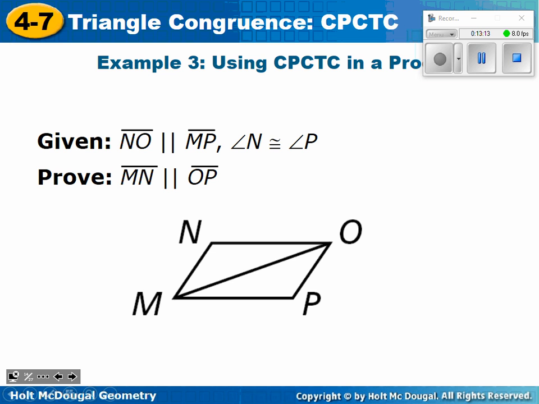Didn't have a name. We talked about if 2 lines... Okay, that would prove perpendicular.